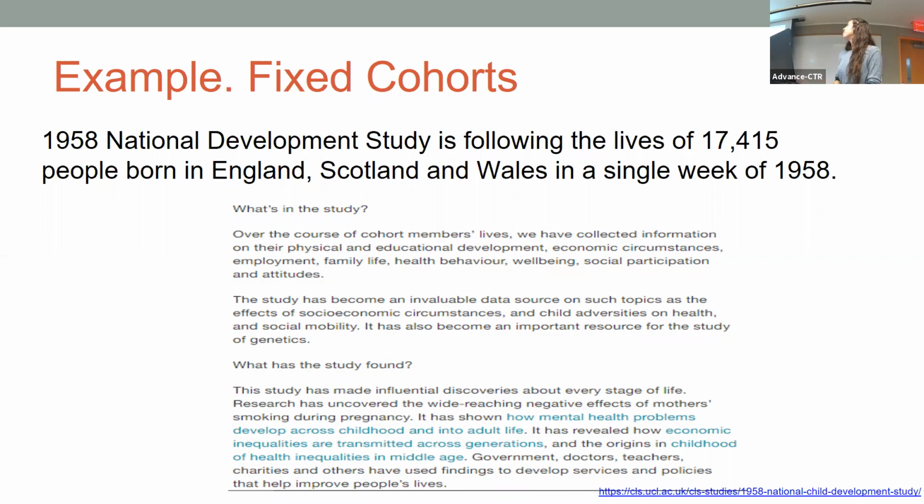And this is a fixed cohort because once that week of 1958 that they were focusing on has passed, nobody can be added to this cohort. And what's cool about the study is that they've actually shown really interesting things about these people. One thing is how economic inequalities can move around generations, and how some mental health problems actually begin from childhood and can affect you later on in life.